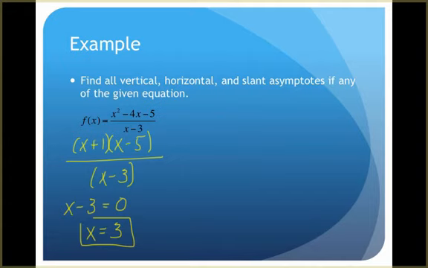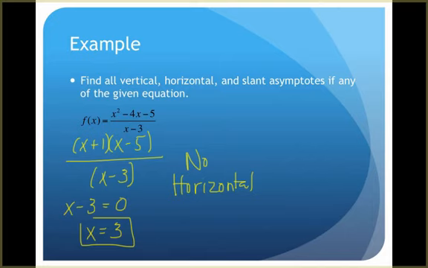All right, the second one, the horizontal asymptotes. Again, remember you're using the degrees of the numerator and denominator to find them if there are any. Because the degree of the numerator is 2 and the degree of the denominator is 1, I would have no horizontal asymptotes. And the last one, the slant asymptotes, I'm going to use my synthetic division to see if I have any.